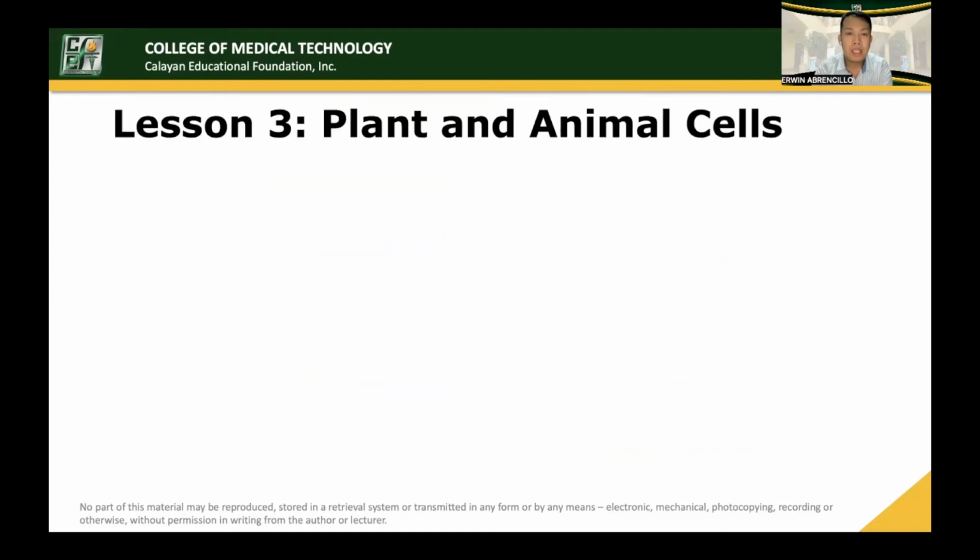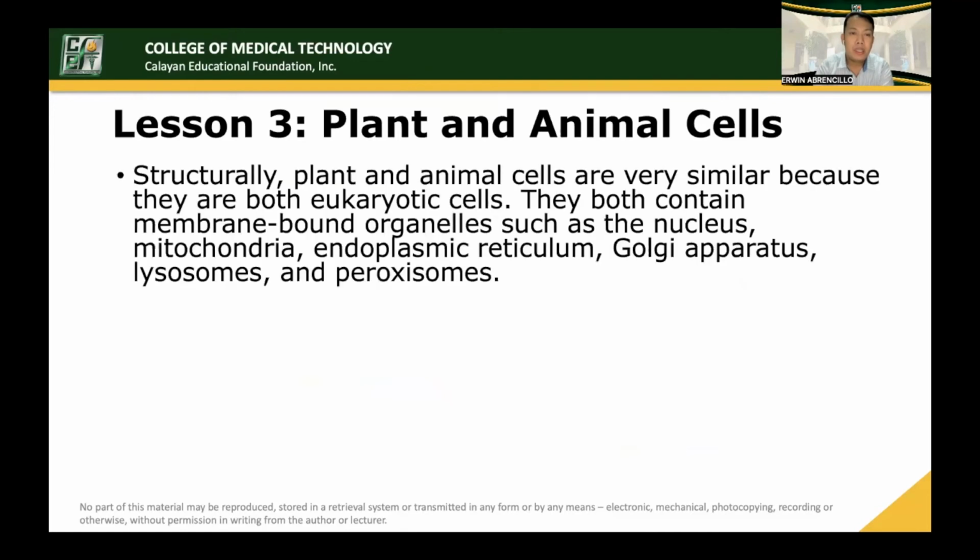So let us now look into the third lesson, plant and animal cells. Structurally, plant and animal cells are very similar because they are both eukaryotic cells, the same as with other cells that are classified as eukaryotic. They both contain membrane-bound organelles such as nucleus, mitochondria, endoplasmic reticulum, Golgi apparatus, lysosomes, and peroxisomes.